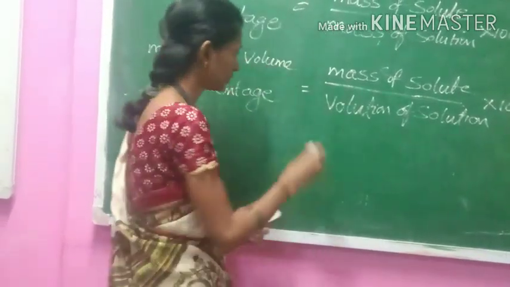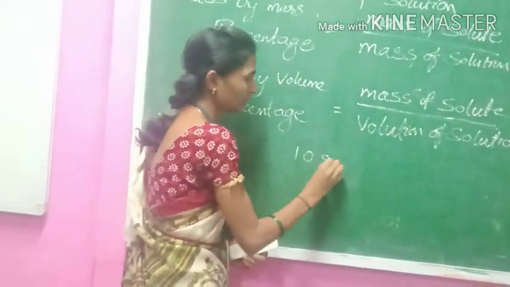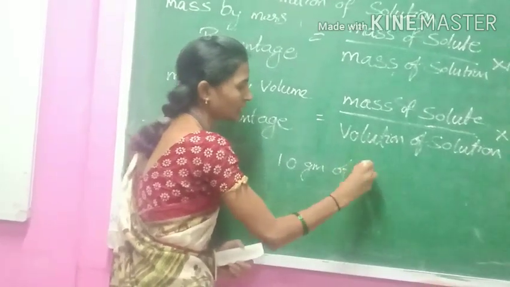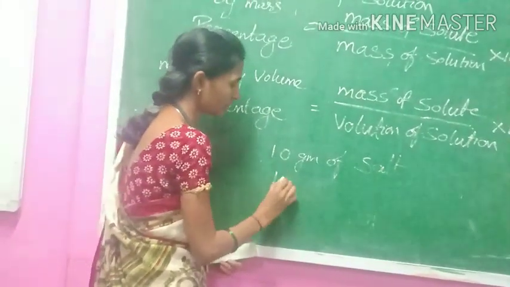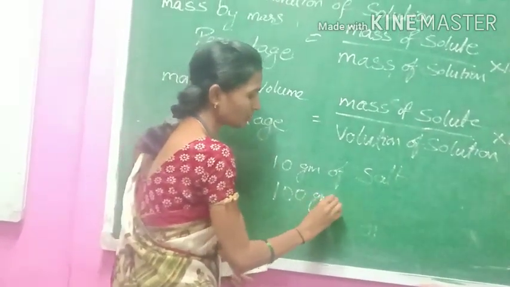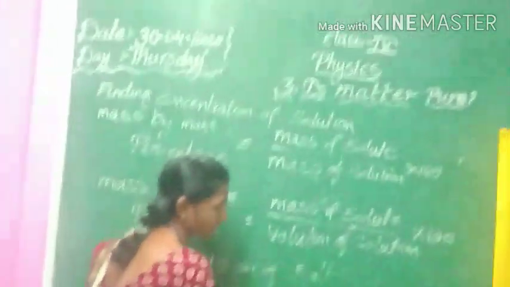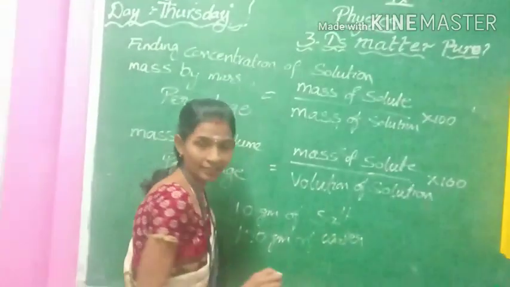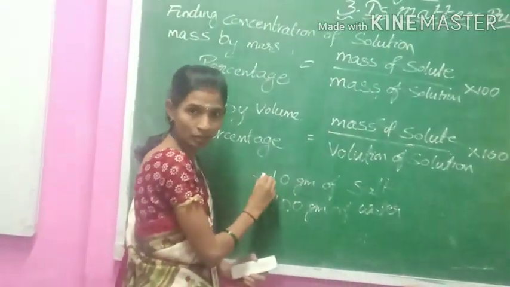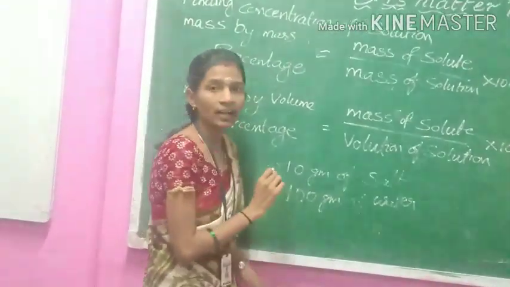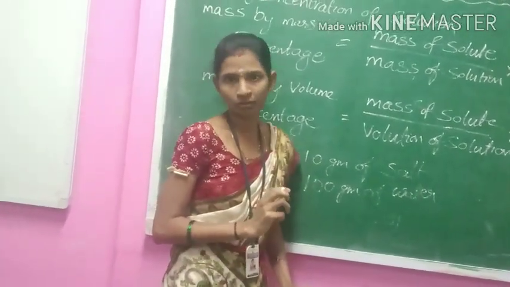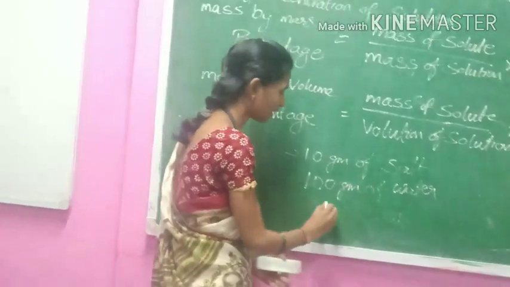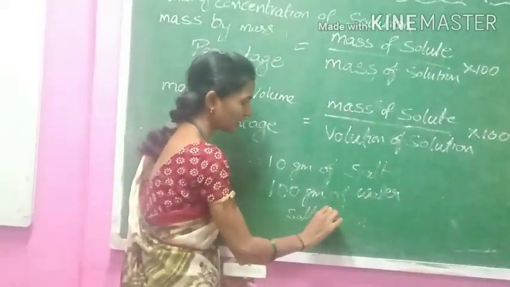For example, you are taking 10 grams of salt and 100 grams of water to prepare a salt solution. To prepare the salt solution we just have to add salt and water.